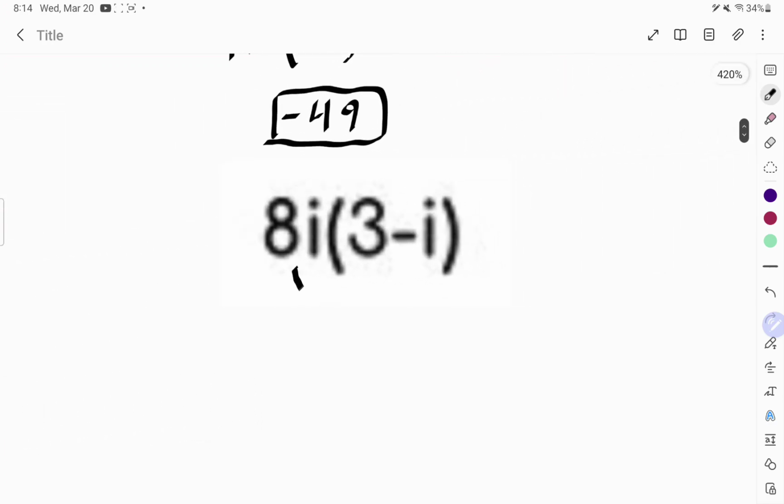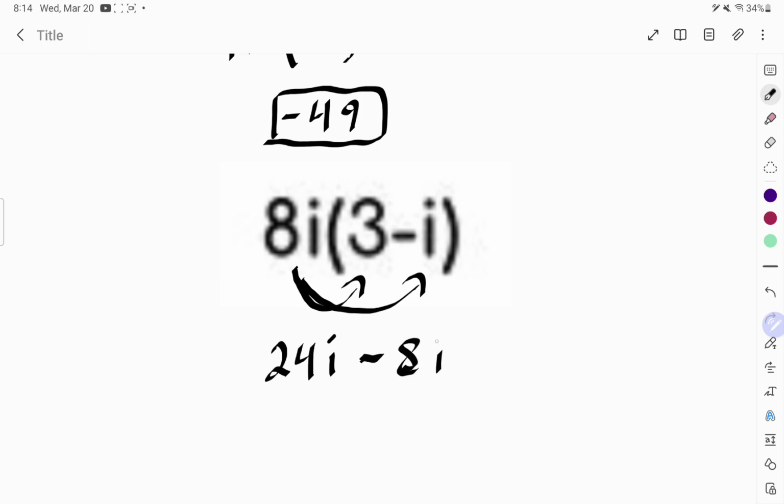Same thing. I have 8i. So that's going to multiply with 3. So let's do that first. So 3 times 8 is 24. So 24i. Okay. Now 8i times -i is going to be -8i squared. Okay.